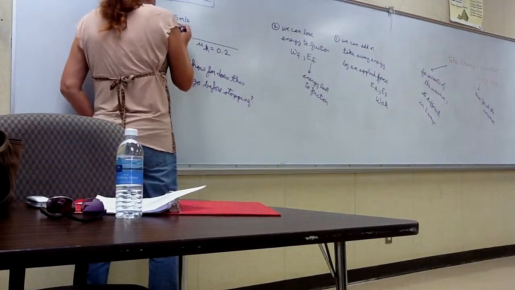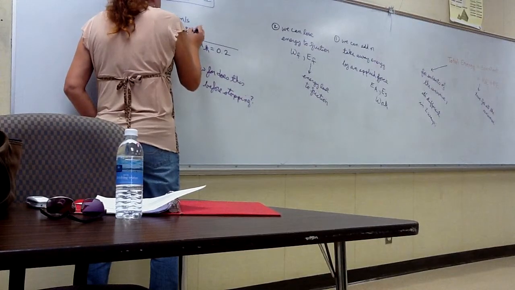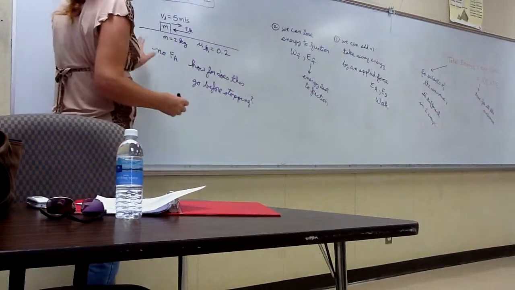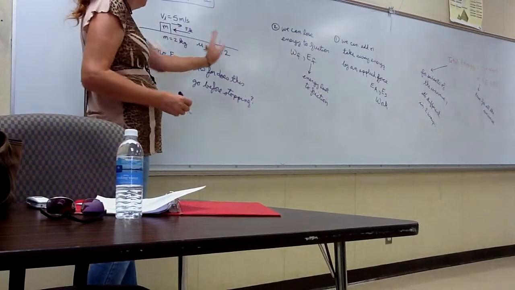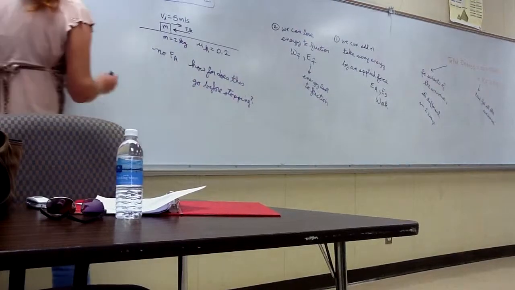Okay, so here what we're doing is, when an object is already moving, the force of kinetic friction is going to work to oppose it. And so it's going to have to overcome, with its own energy, that force of kinetic friction.